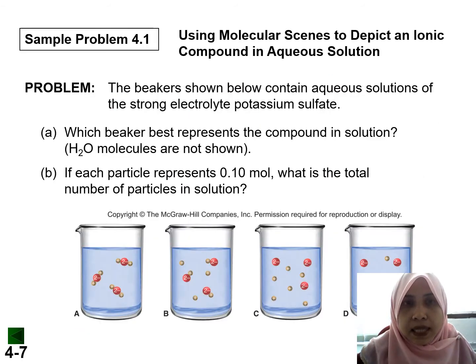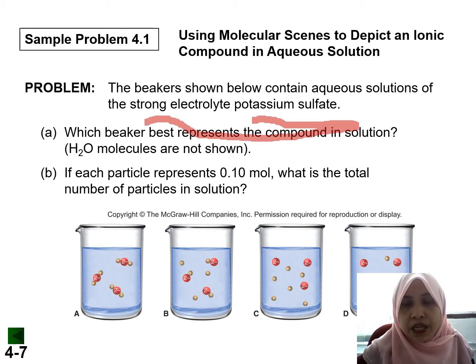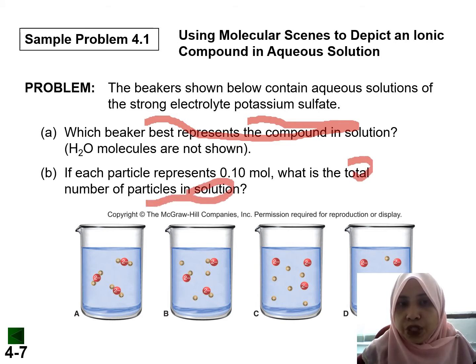Okay, let's see sample problem 4.1. This problem requires us to identify which beaker best represents the compound in solution, either A, B, C or D. Second, this problem also requires us to calculate the total number of particles in solution if each particle represents 0.1 mole.